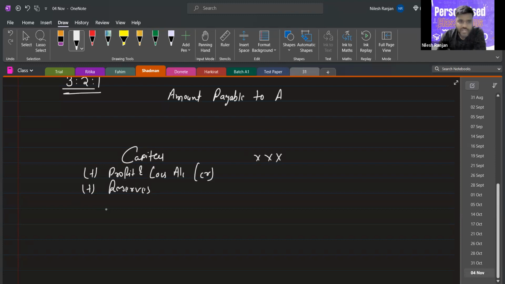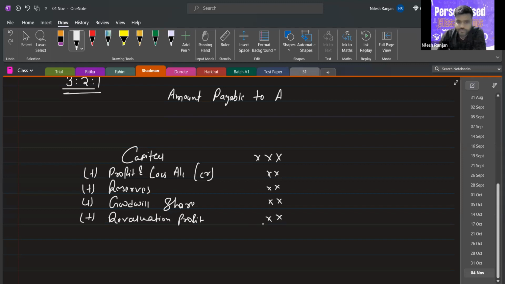Now he is a retiring partner A, so he will get a share in goodwill. If there is any revaluation profit, these items will be added here. So we will add all these items here.